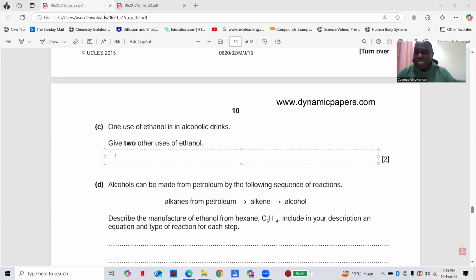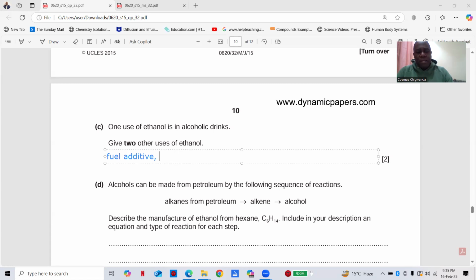That's why it's called a blend. It's a mixture of ethanol and petrol, which is obtained from petroleum. Okay, right. So you can write here that it's a fuel additive.